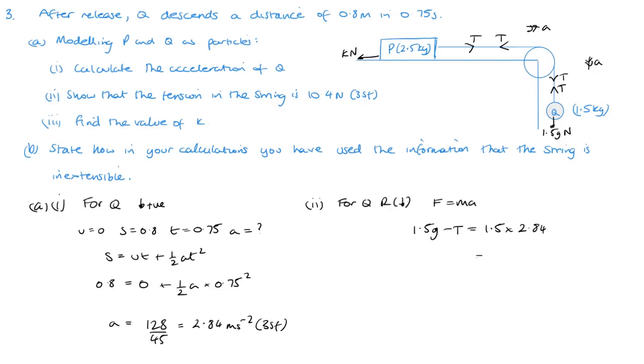Of course, I'm going to use the full value in the calculator. Now rearranging, and that gives me that T is 313 over 30, which is 10.43 recurring to be exact, but 10.4 newtons to 3 significant figures. So that is part 2.